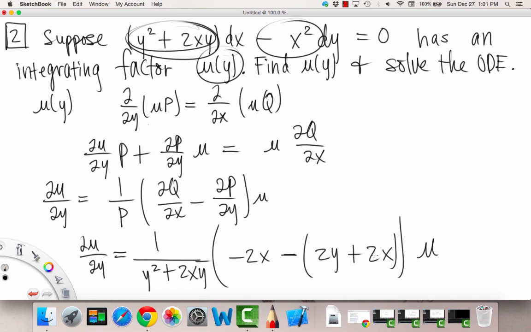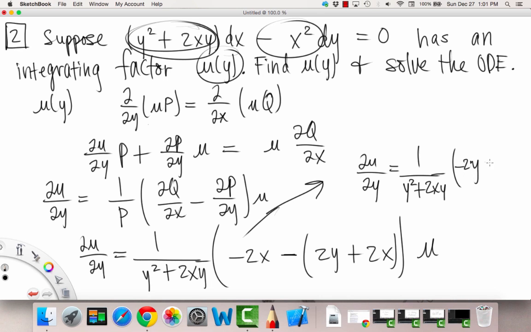So this thing can simplify. I'll just simplify on this slide while we have it here. This is going to give us partial mu partial y is equal to 1 over y squared plus 2xy on the bottom, times negative 2y minus 4x, times mu.